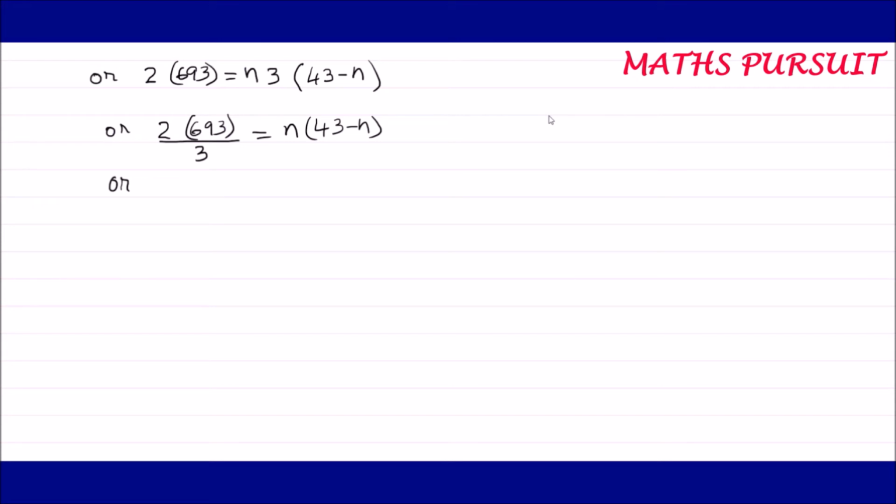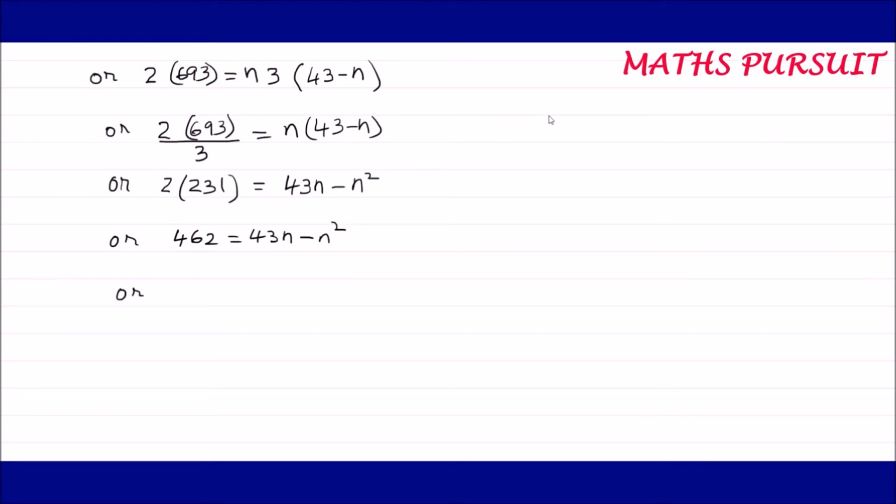Or I can write 2 into 3 2s are 6, 3 3s are 9, 3 1s are 3, that is equal to 43n minus n square. Or 2 into 231 is 462 is equal to 43n minus n square.